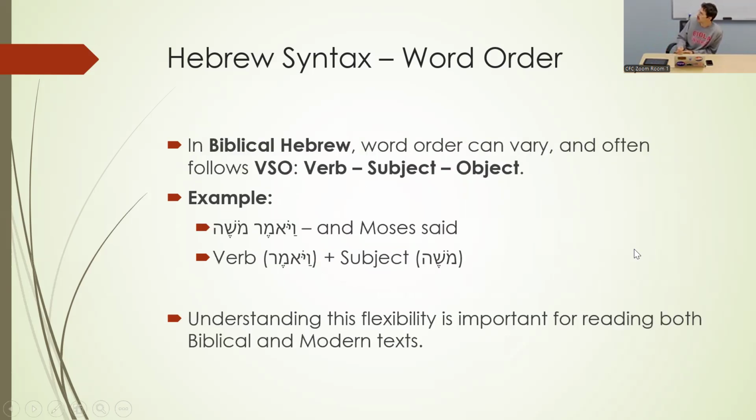That's just like the English, right? Now in biblical Hebrew, it's a little bit flexible. Usually it's the verb, then the subject, then the object. So Vayomer Moshe, as an example, means and Moses said.